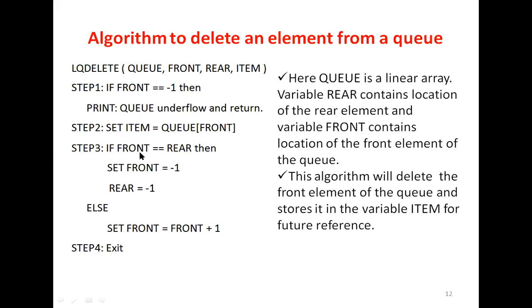There is a situation when the front value is the same as the rear value, meaning we are deleting the last item in the queue. After deleting that, the value of front will be more than the value of rear. That means the queue becomes empty.